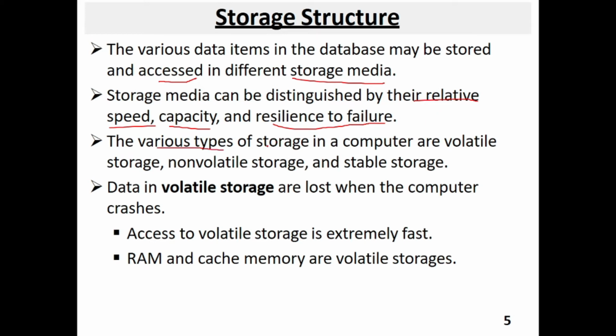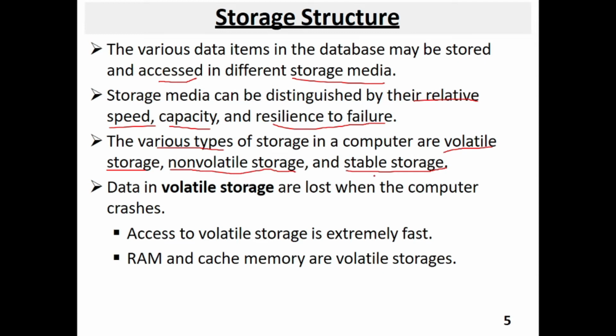The various types of storage in a computer are volatile storage, which we already know, like RAM, non-volatile storage, well known, like hard disk, and stable storage, like online storage vendors, for example Google Drive.